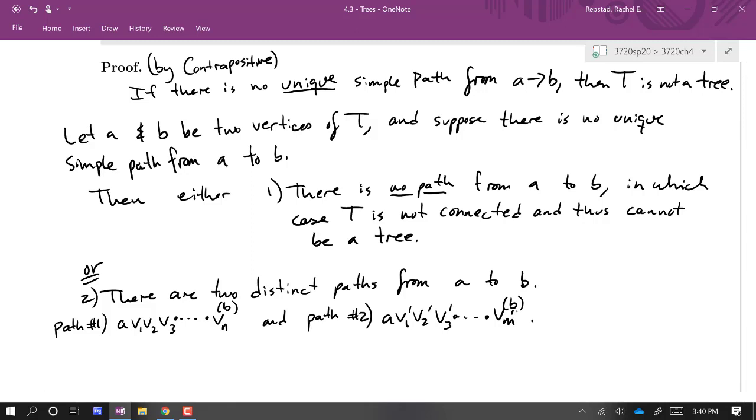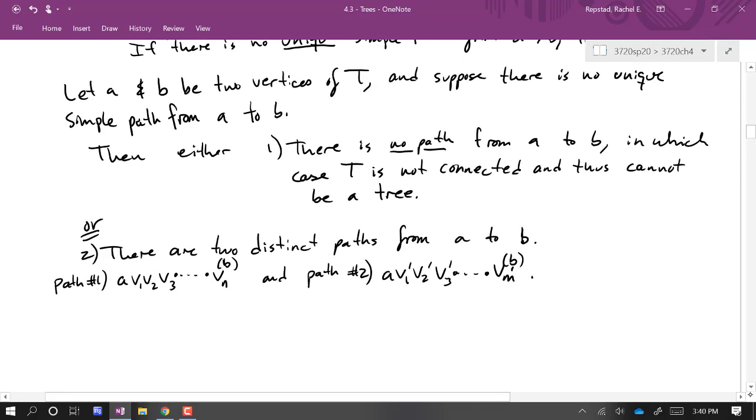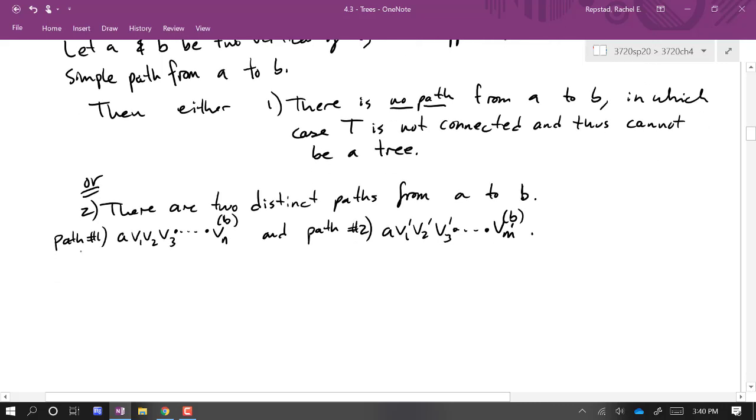That means that there must be a first vertex where they disagree. Like maybe V1 is the same as V1 prime and V2 is the same as V2 prime, but there's going to be a point, if there are distinct paths, where the paths have to part ways. Let's say there must be a first vertex where the paths diverge.